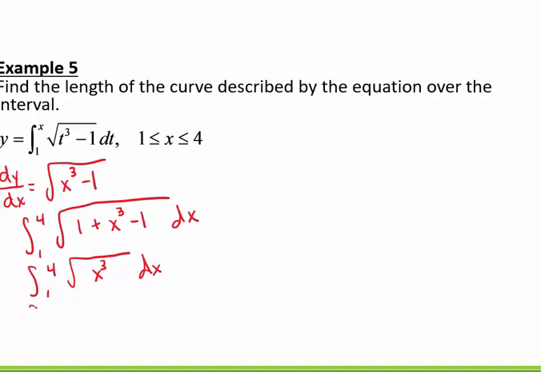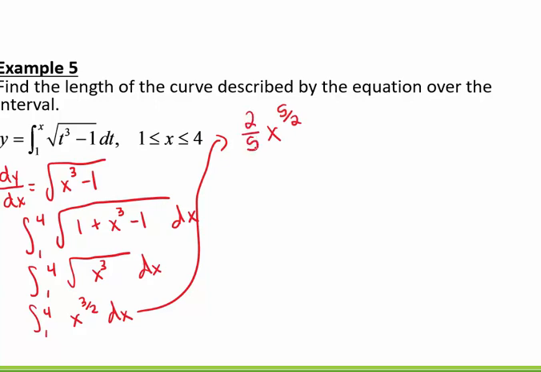Now I can do this without a calculator. And that's like saying x to the 3/2. I'm going to write it as a fraction just so that I don't screw up my antiderivative. So when I add 1 to my exponent and take the reciprocal, I get x to the 5/2, 2/5, evaluated from 1 to 4.